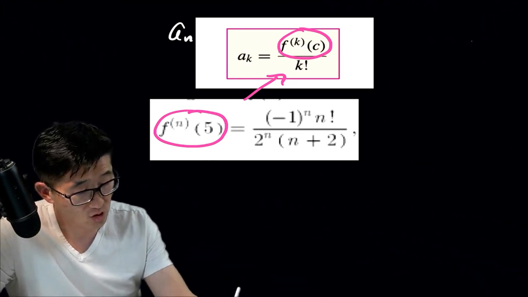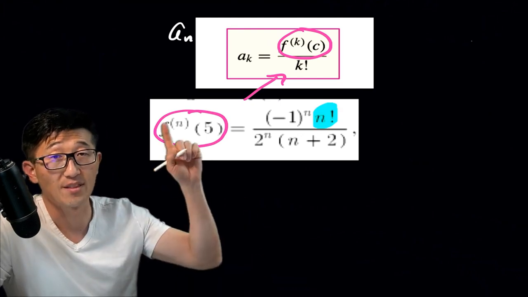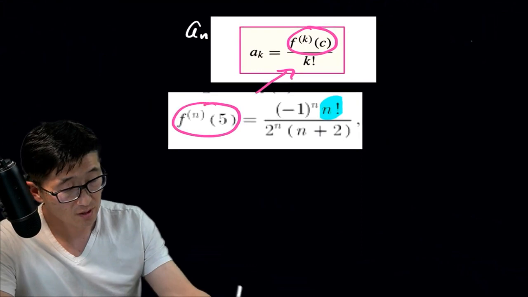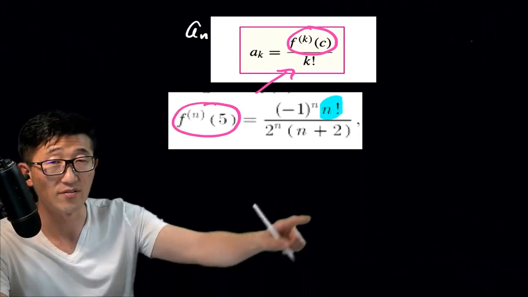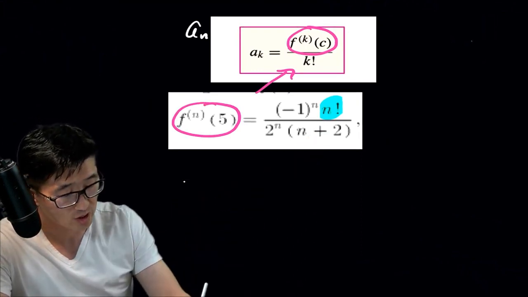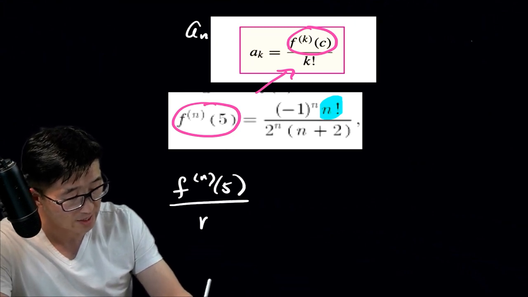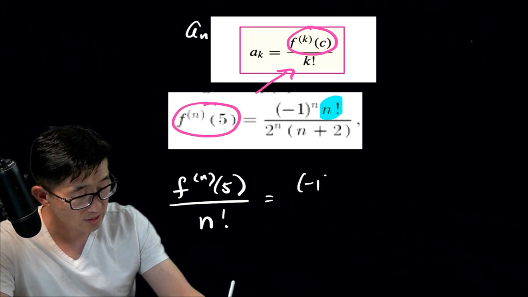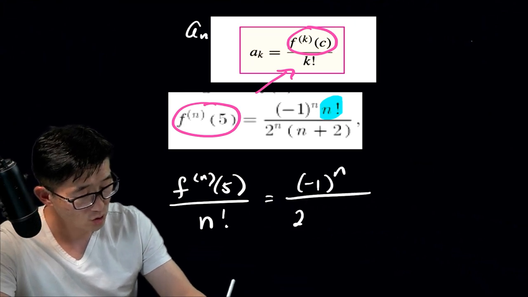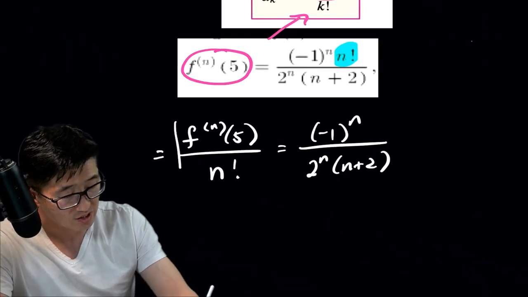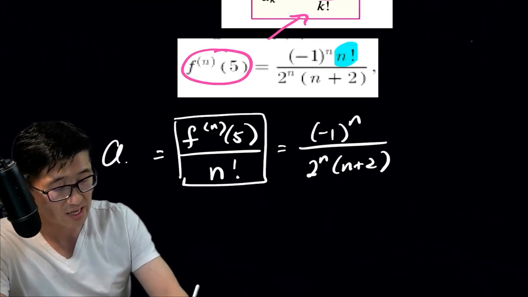Where is that factorial? Right there. So remember, we're looking for an a_n. We need to divide both sides by n factorial, and you'll end up getting this: f^(n)(5) divided by n factorial equals (-1)^n over 2^(n+2). And this right here is a_n.